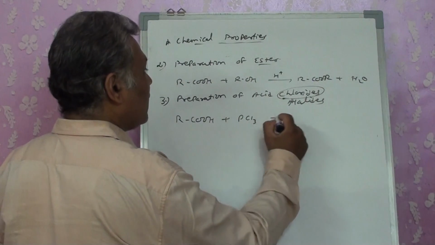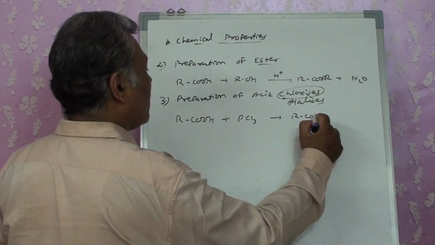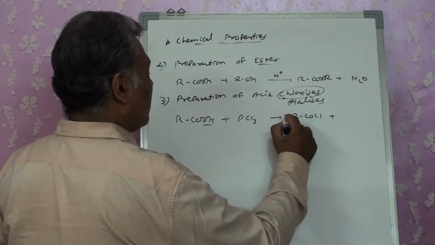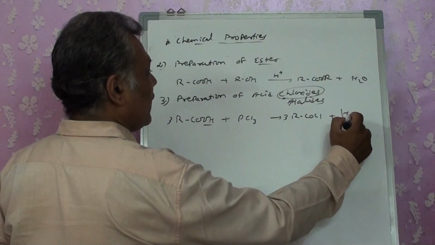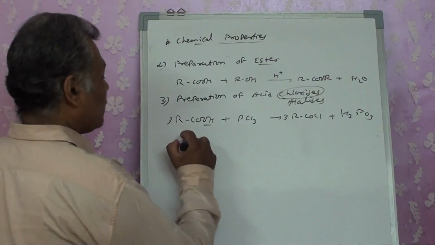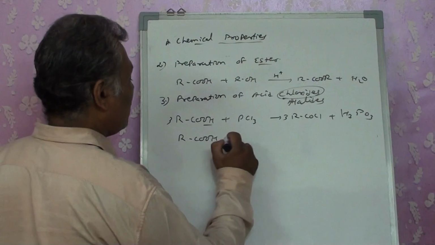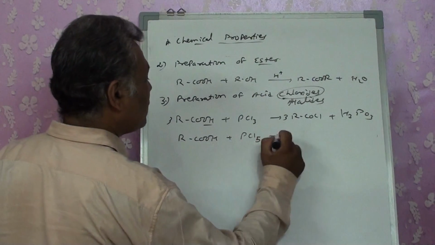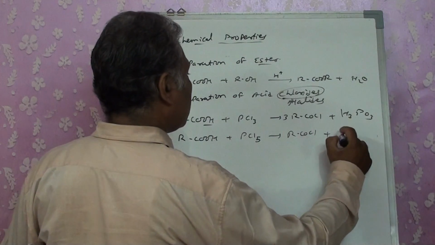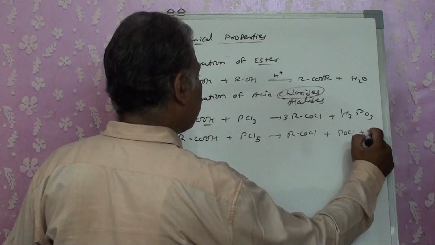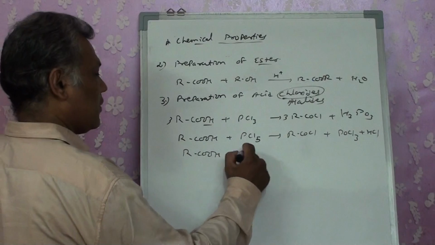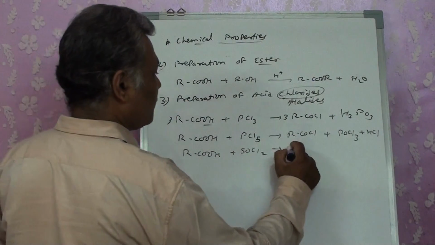With PCl3, it gets converted into RCOCl plus 3 molecules producing H3PO3. Alright. In place of that, if I take only one molecule, then by using PCl5 we can get RCOCl plus POCl3 plus HCl. We can also use SOCl2.